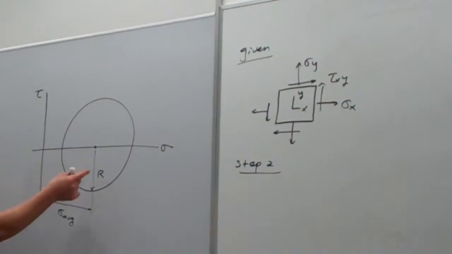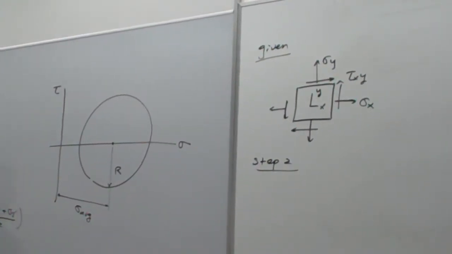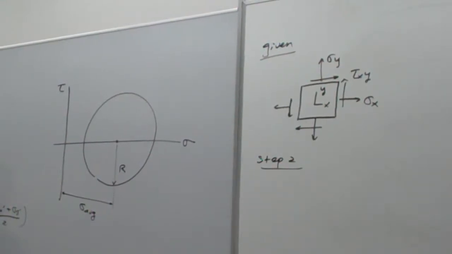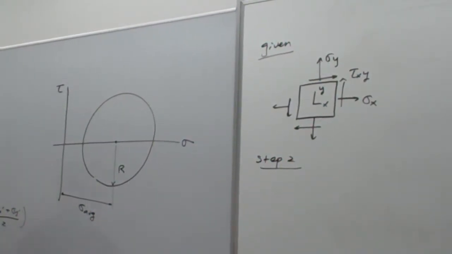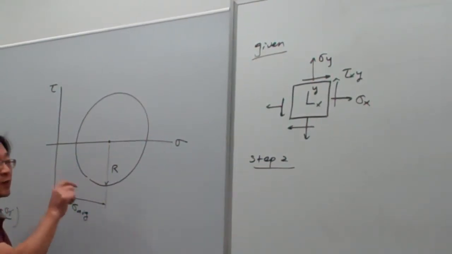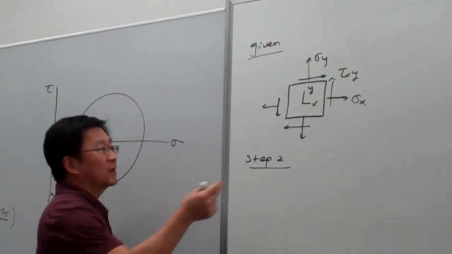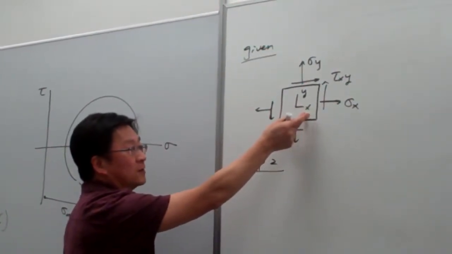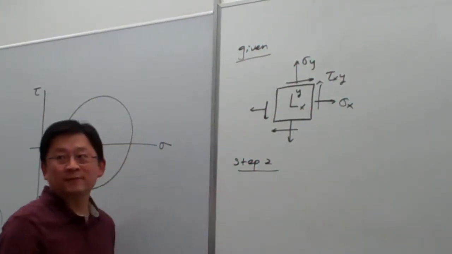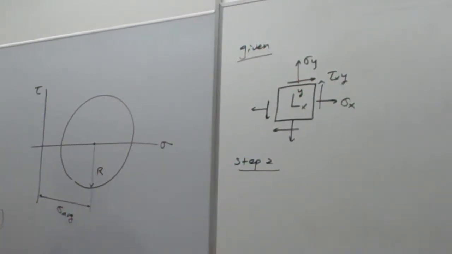The Mohr circle represents all kinds of scenarios for possibly transformed status of the stress. And the second step is we want to, on the Mohr circle, locate the 2 points that represent the status of the given distribution of the stress. Okay, and that way we can do by this.